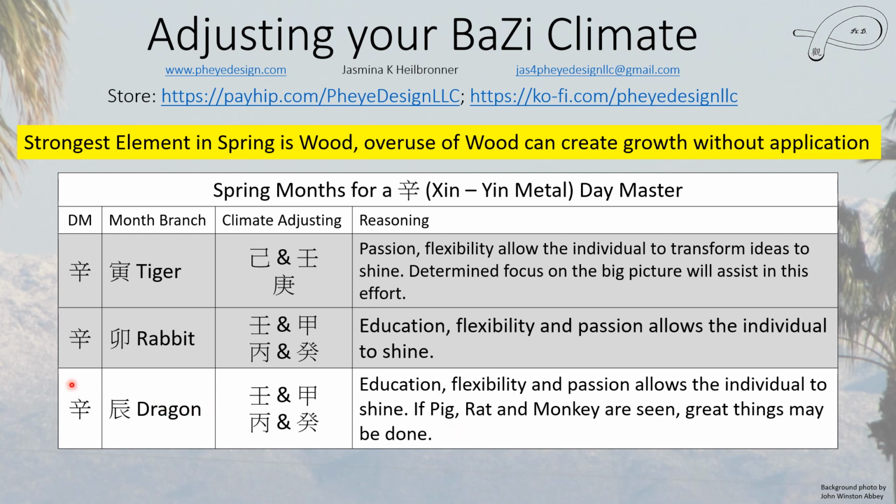Now, if we're talking about sin metal, you could have a sin metal pig, but you can't have a sin metal monkey or rat. So you could have a pig in your day, but otherwise these have to be in your year or your hour. So I hope that makes sense.